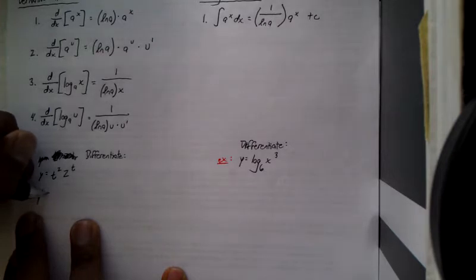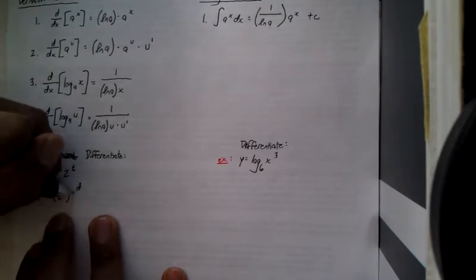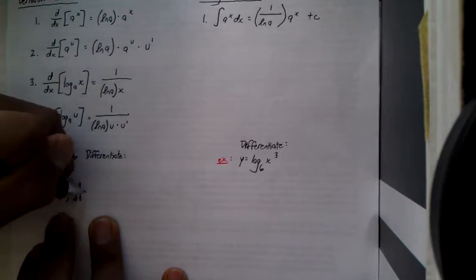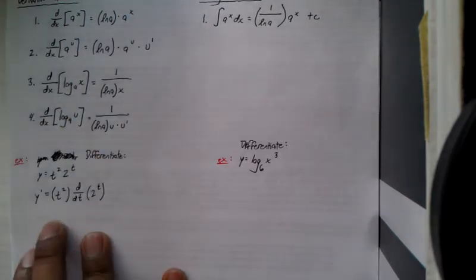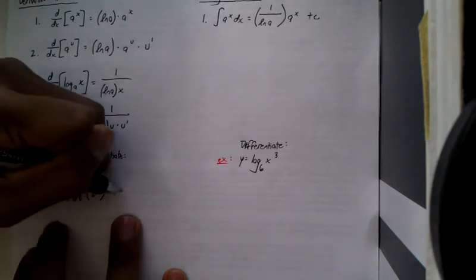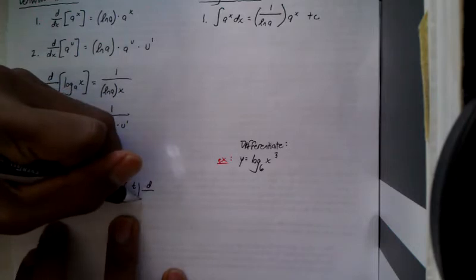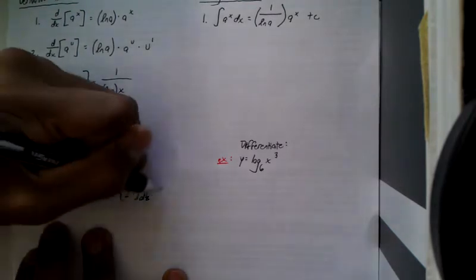So our y prime is going to be equal to t squared times the derivative of 2 to the t, plus 2 to the t times the derivative of t squared.